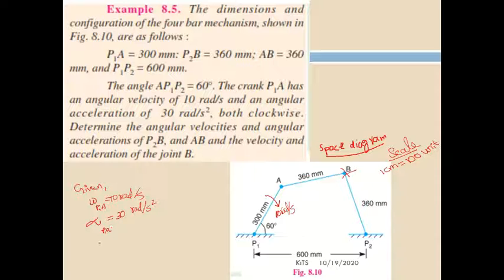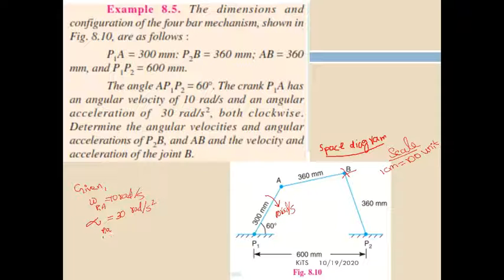You have to mention these values. For acceleration, you have to mention it in small letter. So now we have the angular velocity of P1A, and then angular acceleration, not acceleration.